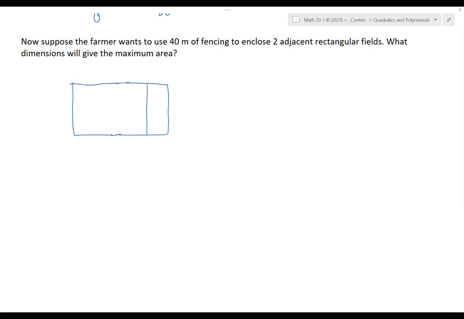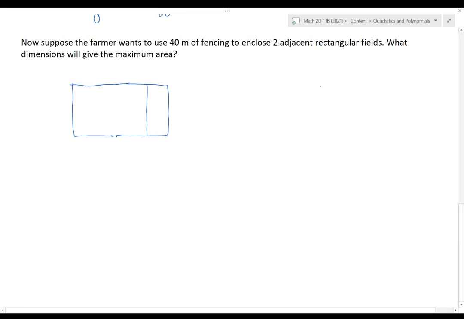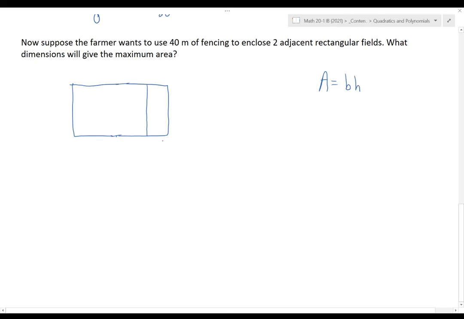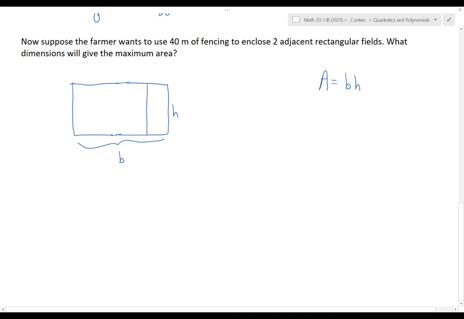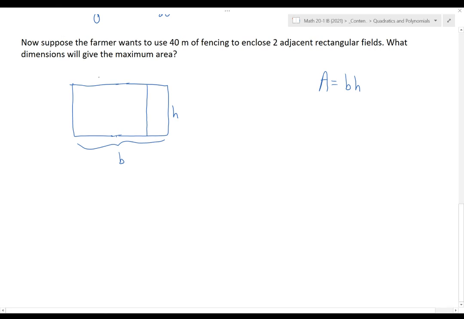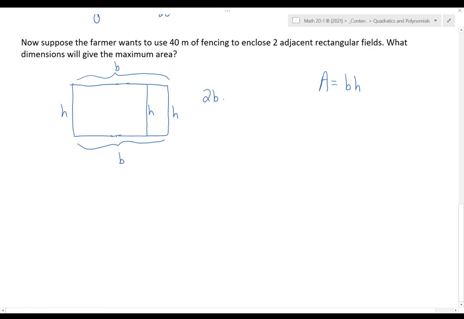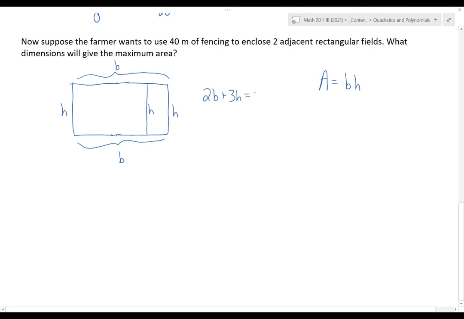But in this case, I actually have something different. I still am trying to maximize area, so I still need the overall base and height of this rectangle because I want the overall total area of the two fields. But what's important to note now is that it's not going to be b plus h equals 20, because now I'm using 40 meters of fencing to do a little bit more. Now what I have is that 2b plus 3h equals 40.